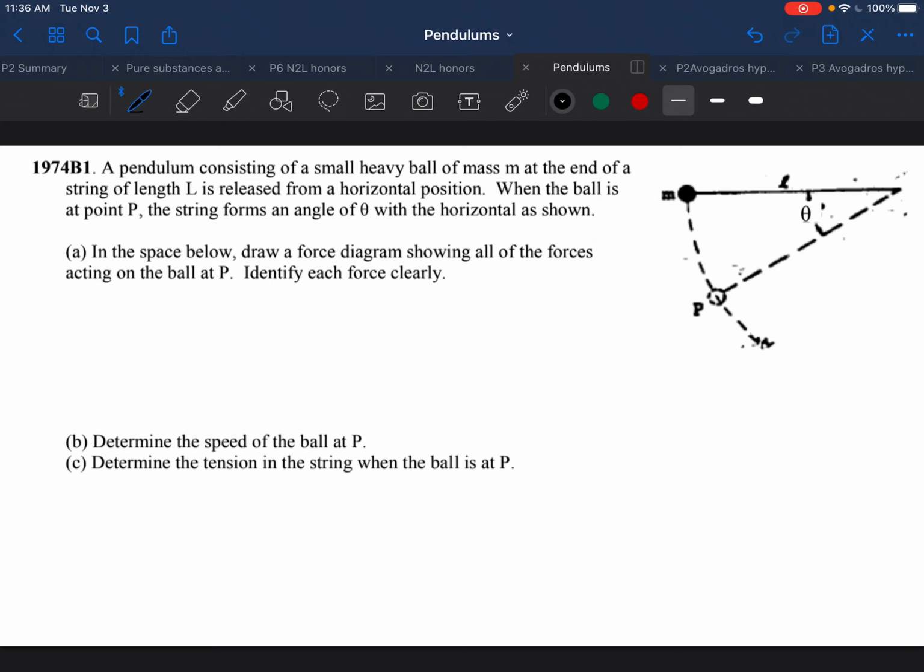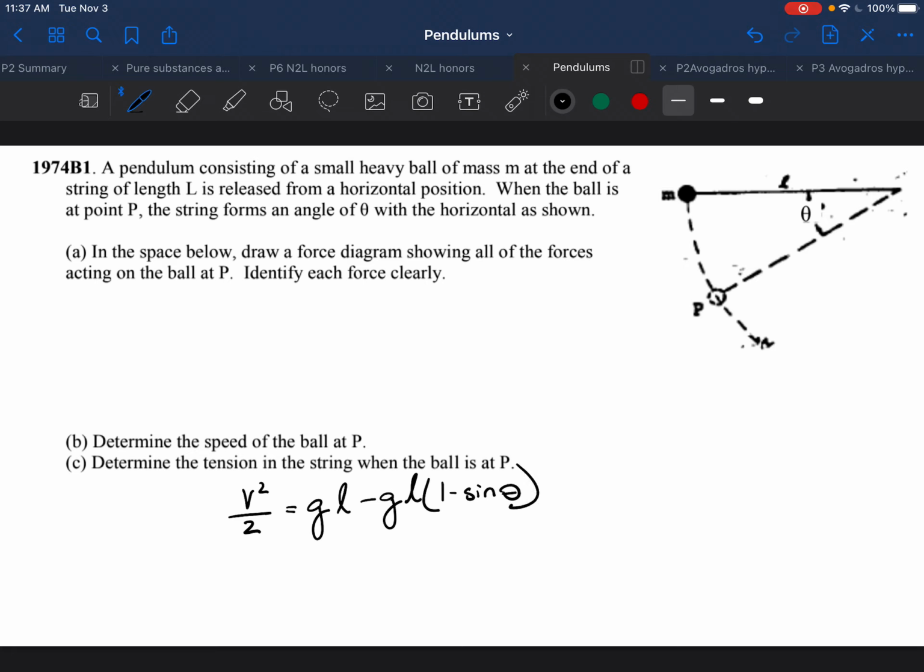So let's see, we left off with v squared over 2 is equal to gL minus gL times (1 minus the sine of the angle).